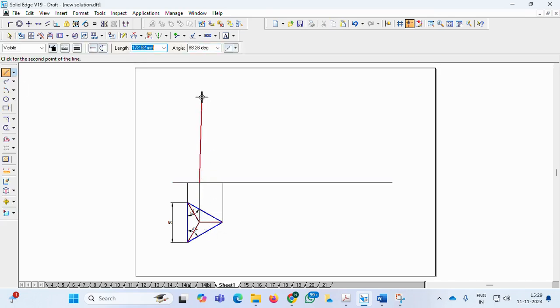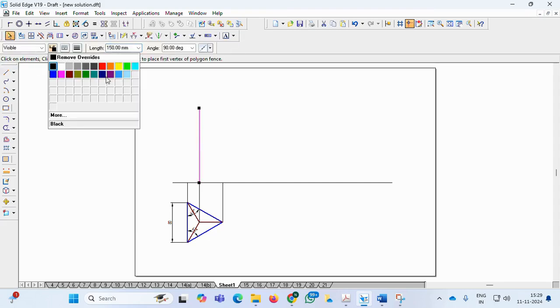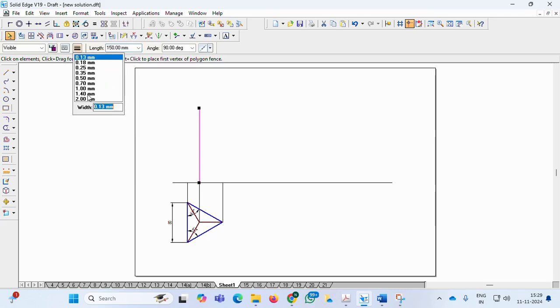So this is the pole, 150 height. So I will change this to pole. So I will use this.